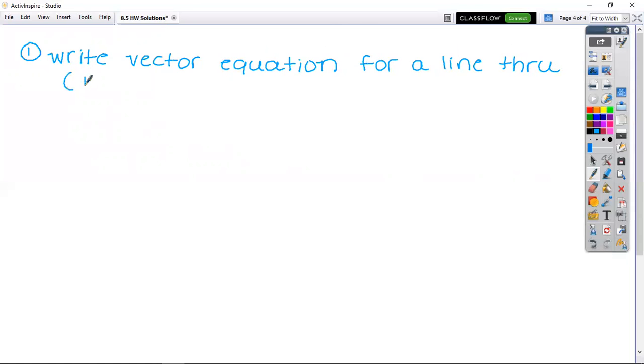So I want to go (1, 4) is your ordered pair, and parallel to vector A. You can use the parallel symbol if you'd like. Parallel to vector A, which is going to be (-1, 2).